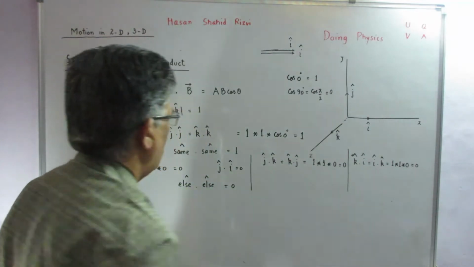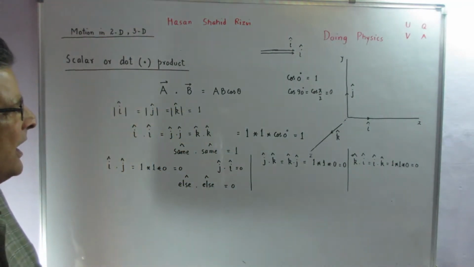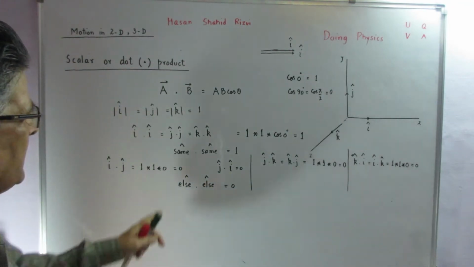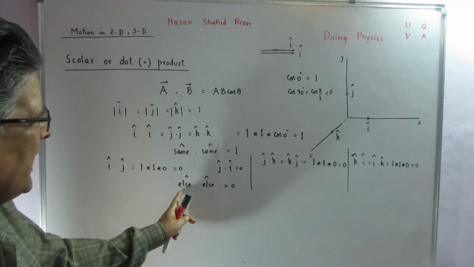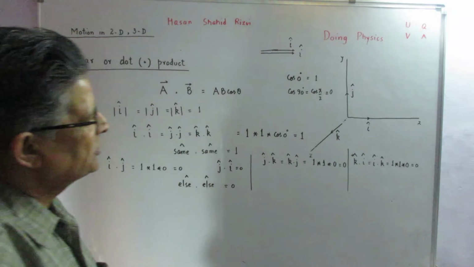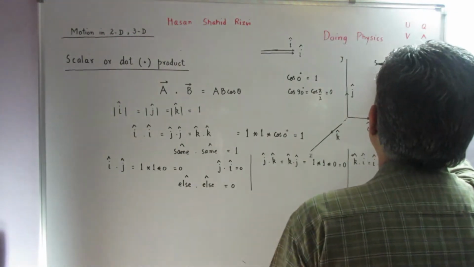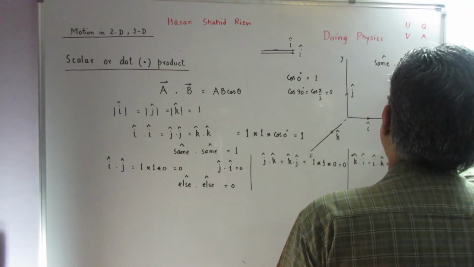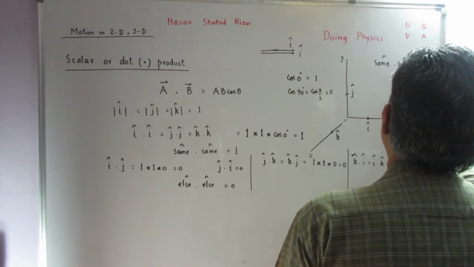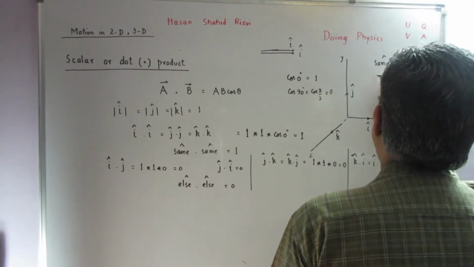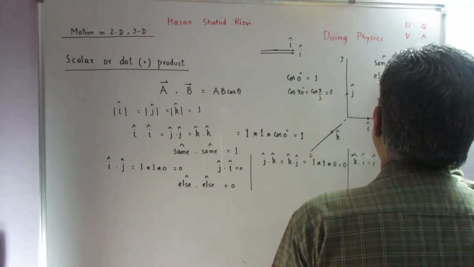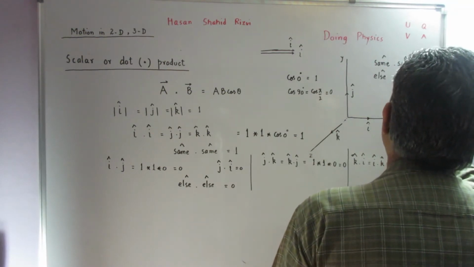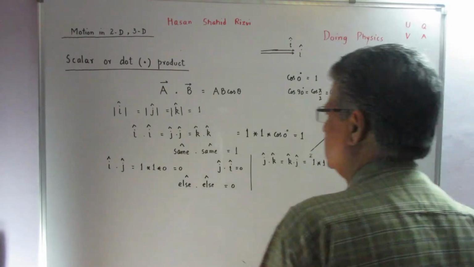So bearing that in mind, with these results in mind, I have only this: same cap dot same cap is equal to 1, and else cap dot else, one else is other than the other else, is equal to 0.